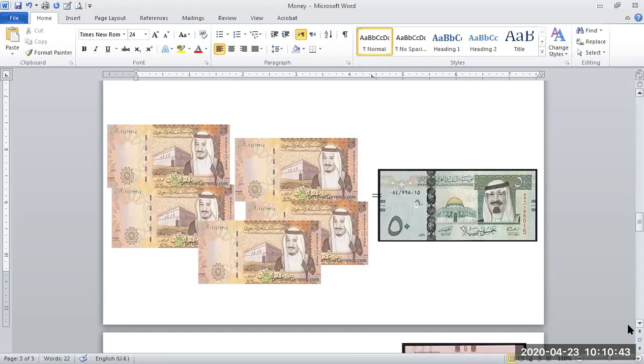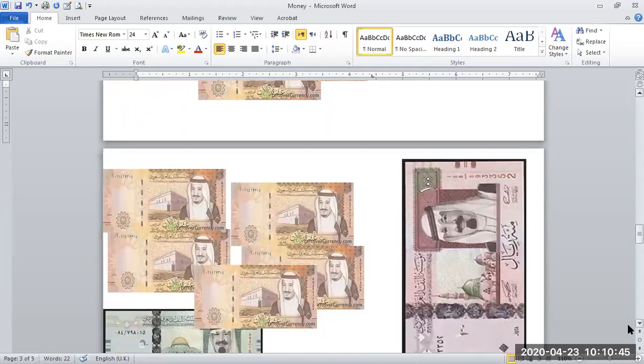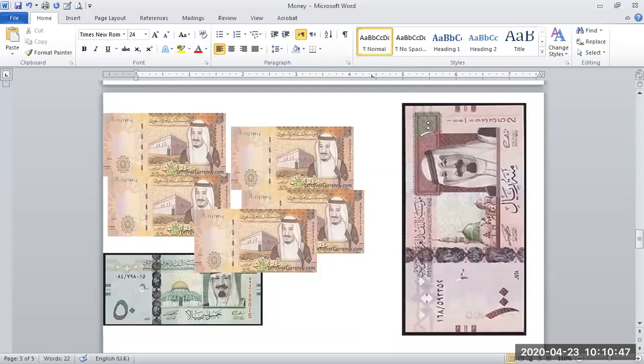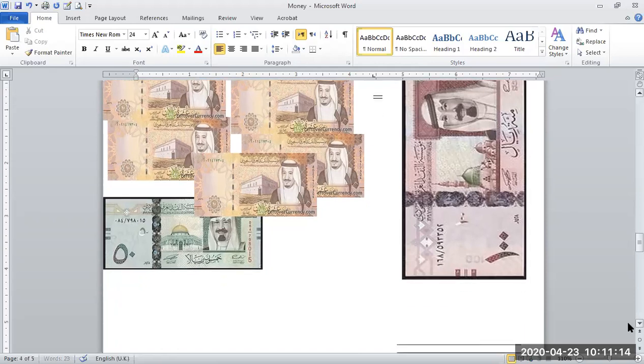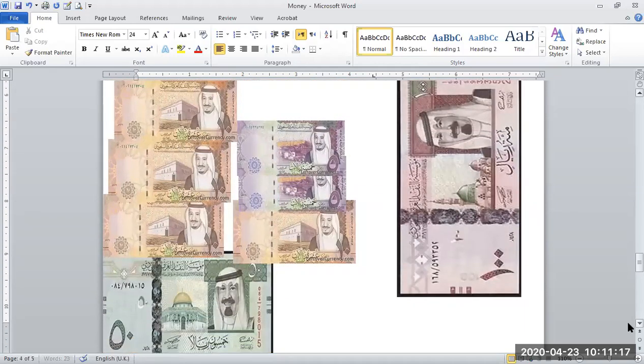Now after 50 riyal we have 100 riyal. Here you can use it like this. This is 100 riyal, and here this is 50 riyal. And 50 plus 10 is 60, 60 plus 10 is 70, 70 plus 10 is 80, 80 plus 10 is 90, 90 plus 10 is 100. This is equal to this one note only. All these notes we add is equal to this one note, that is 100. And also we can use it like this.